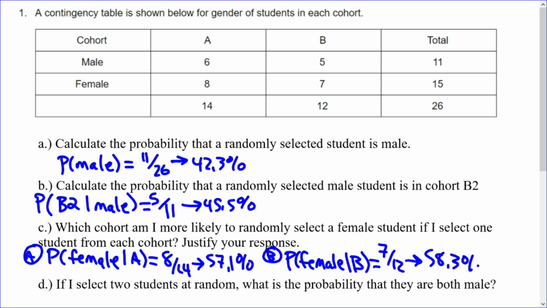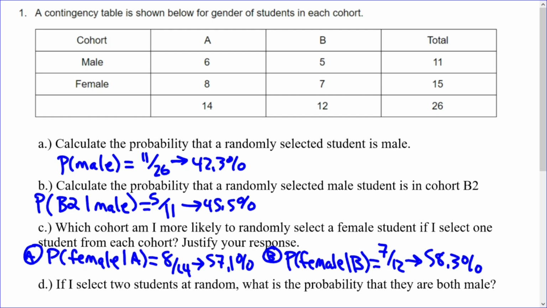And I don't have room to write my concluding statement, so I'm just going to say it verbally. If I select a student randomly from each cohort, the probability of them being female is higher for cohort B, given that the probability of choosing a female student from cohort B is 58.3 compared with 57.1 for cohort A.